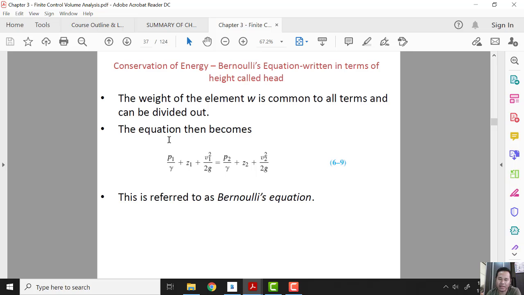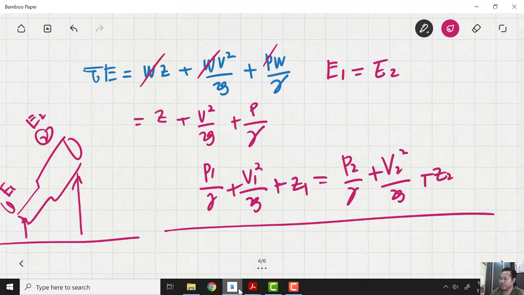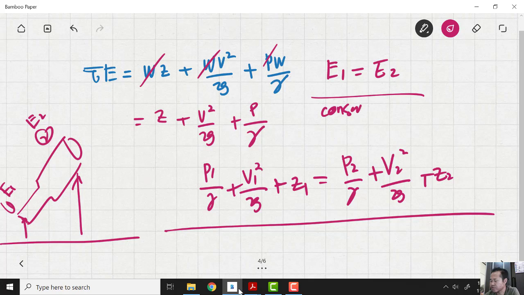What you get here is from the energy equation, energy 1 equal to energy 2, from conservation of energy, and we write the equation back in the form of pressure, velocity, and elevation, and we got the Bernoulli equation.